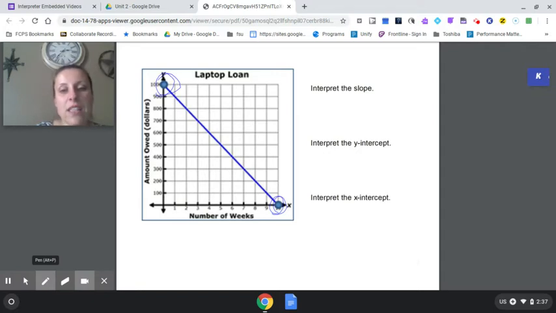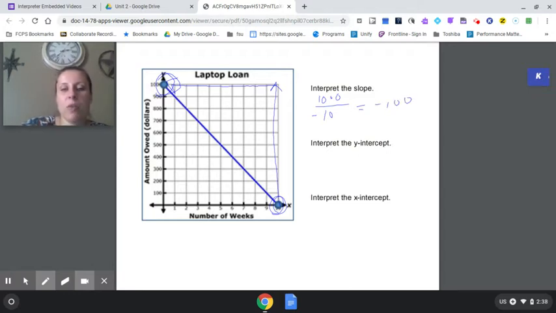To find the slope, the rise would be 1,000. And the run, I'm moving left 10 units. So that's negative 10. I'm going to go ahead and divide these. So 1,000 divided by negative 10 gives me negative $100.